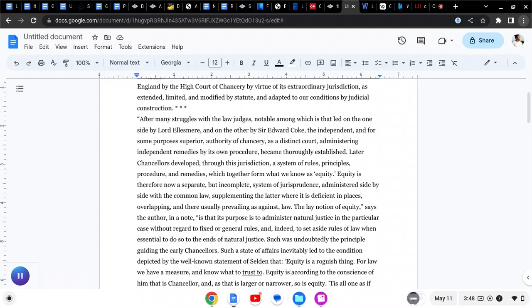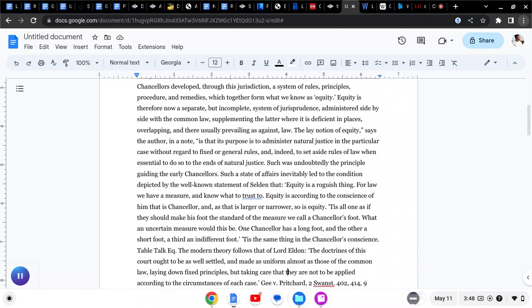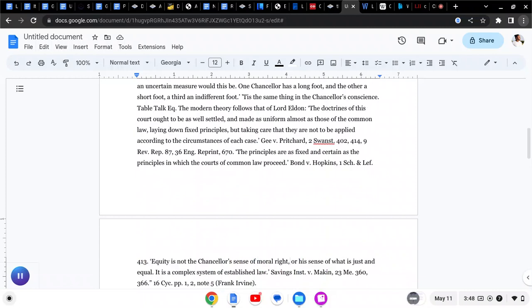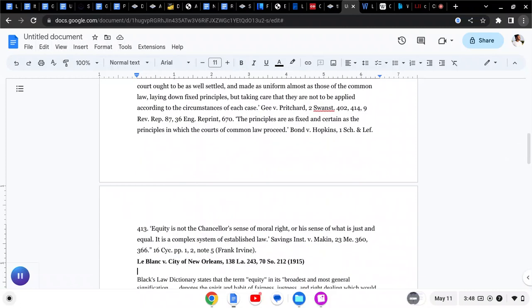This is an old case. Let me go back down. I think this is a good citation right here, so I'm going to read this citation, and that'll be it for this up here. Then I'm going to scroll down.